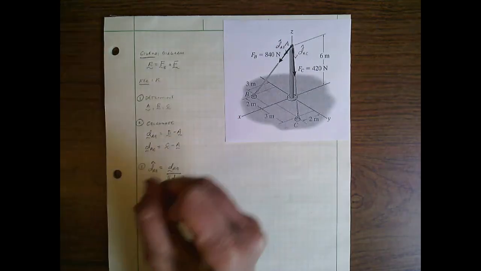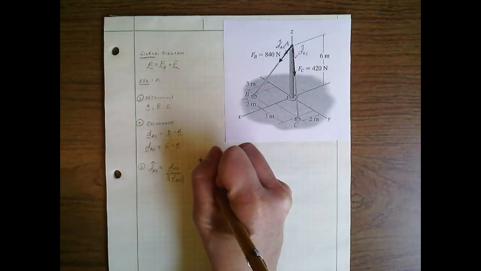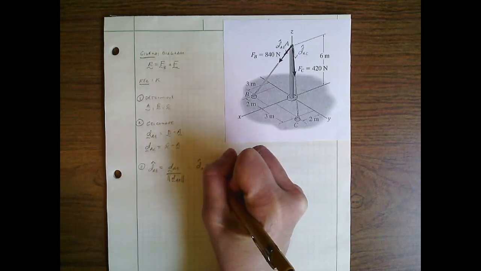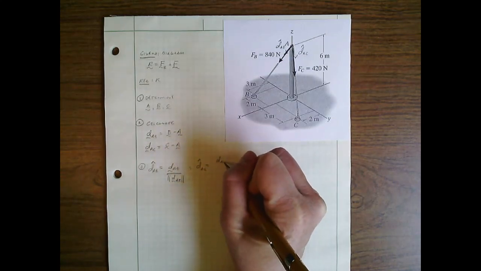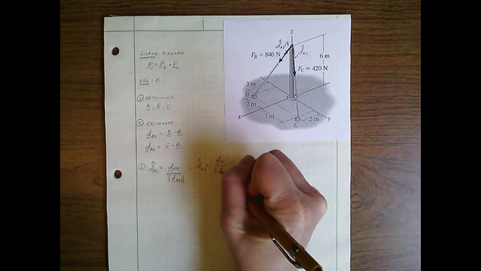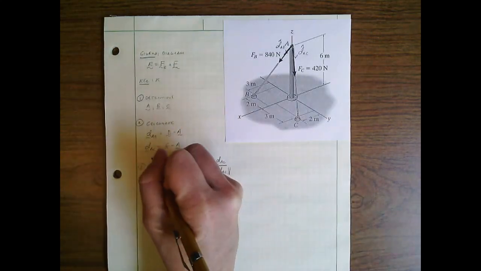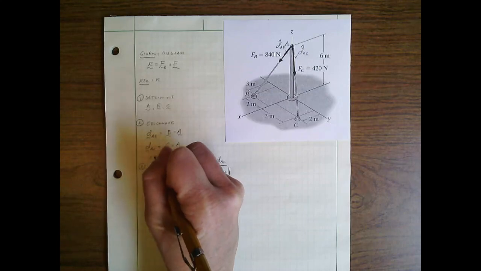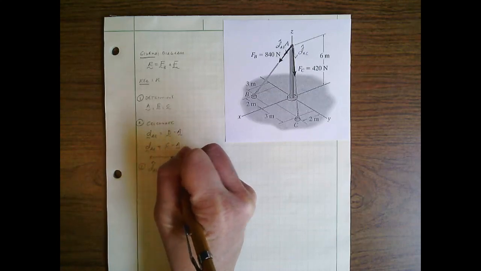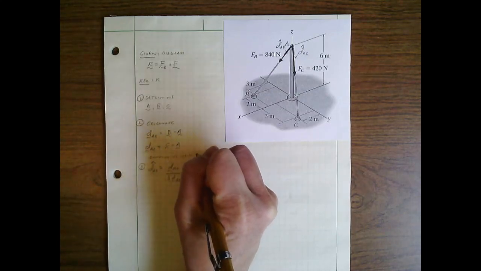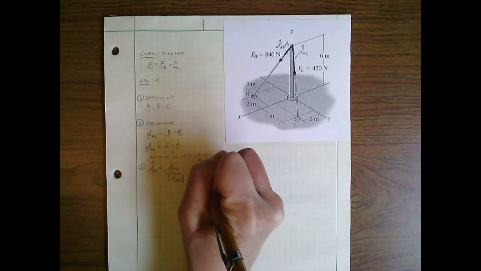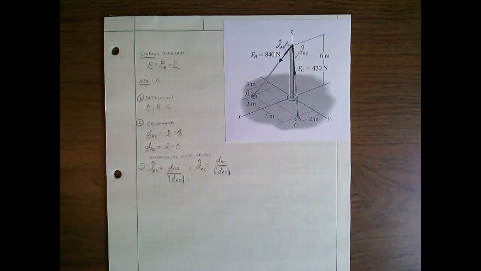Same for this: D hat AC is equal to DAC divided by the magnitude of that vector. So what I'm doing here, just to be clear on this step, is converting to unit vectors. These vectors with the hats on them have a dimension of one unit.